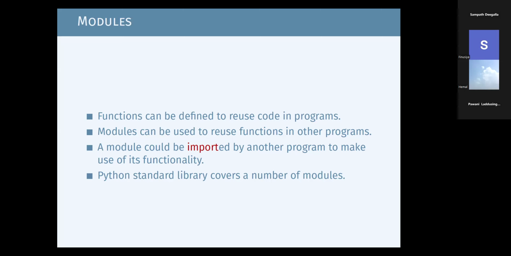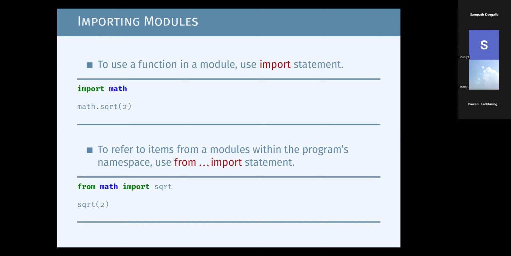As you can see, when you're using a module, we have to import it, right? There are some standard libraries: when you install Python, you already have some libraries installed. We call it the standard library. So let's first look at how to make use of modules in Python. The first thing that we need to understand is how to import modules, because there are various ways that you can actually import modules.